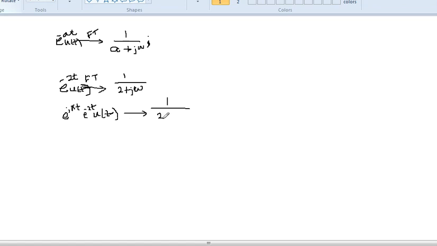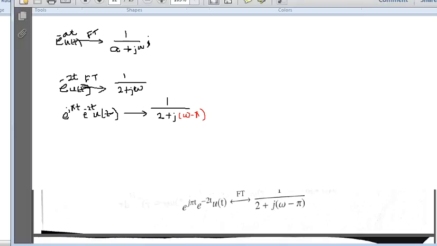Let's write it, 2 plus j. Now while writing omega, we have to take this term, so it becomes not just omega here, it is omega minus this term, except this j and t, whatever is there, it is this one. So we need to write this kind of a term for another also.